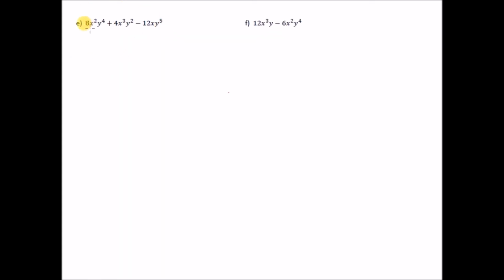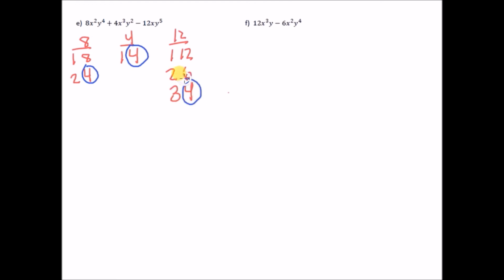Okay, let's do the next one. We have 8, 4, and 12. I know all three of these actually divide by that 4, but if you need to see them, 8 is 1, 8, 2, 4. 4 is just 1, 4. And 12 is 1, 12, 2, 6, 3, 4. Okay, so we can see in these terms, 4 is a common factor of each of these terms.